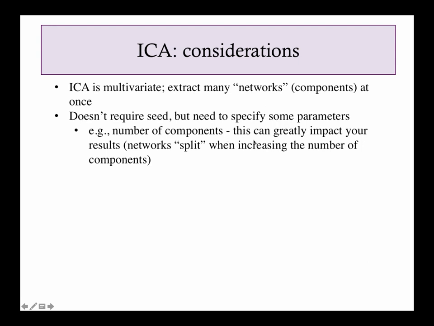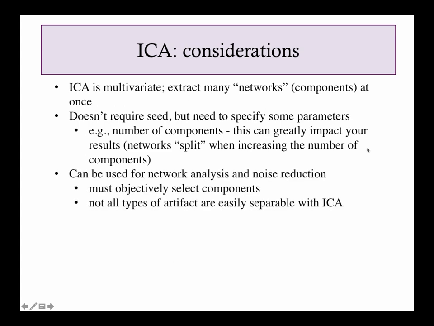This can really impact the results that you get, because if you imagine taking a data set and asking for 200 components out, then you're going to get networks and artifacts that tend to split up a lot more spatially than if you're asking for just 30, where things will be lumped more together. And there are some heuristic methods you can use to try to automatically determine good numbers of components, but it's still really tricky.